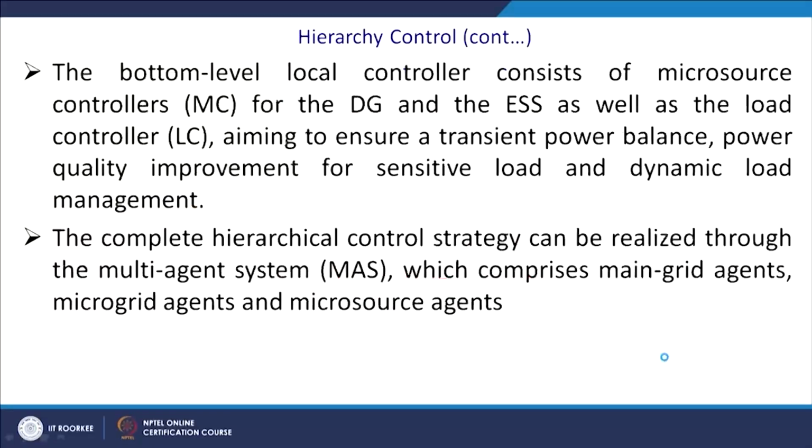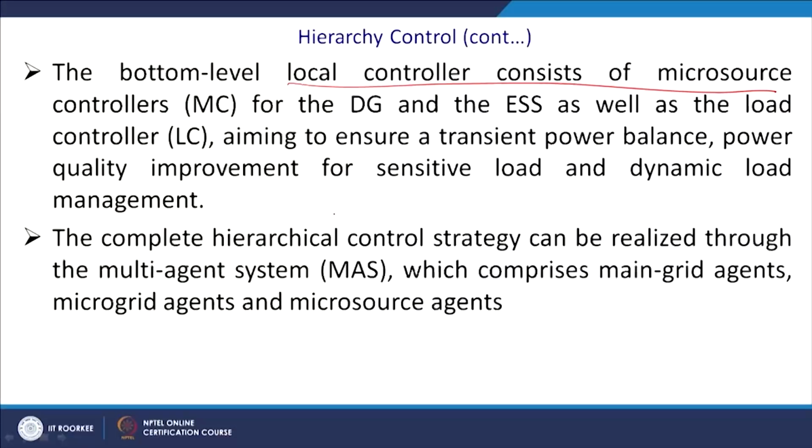And moreover, the bottom level, the local control, consists of the micro source controller for the DGs and ESS, as well as the load controller, LC, aiming to ensure the transient power balance if there is any mismatch of the power.